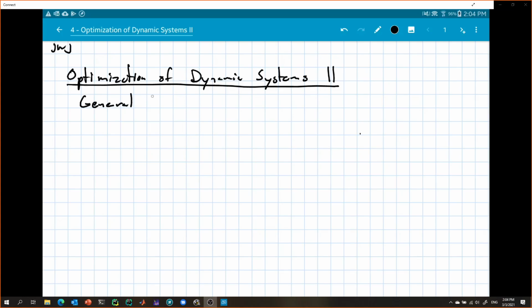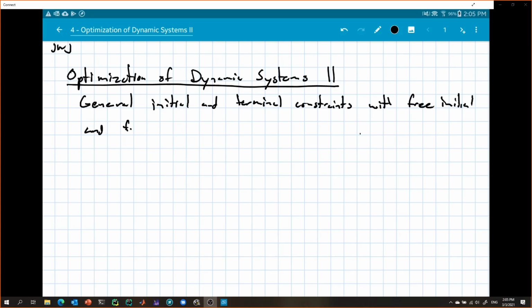If we skip to general initial and terminal constraints with free initial and final time.